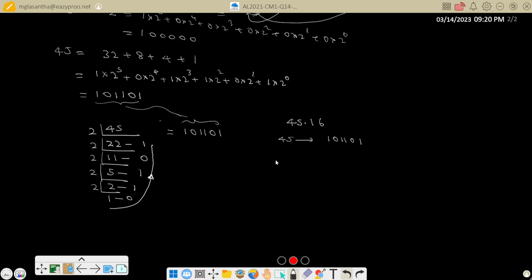Then how do you convert 0.16 into binary? This is the fractional part, the decimal part of the decimal number. If you convert this, you just multiply by 2.